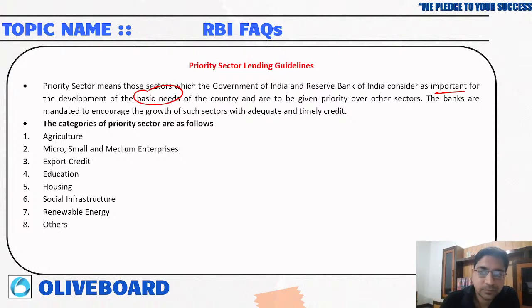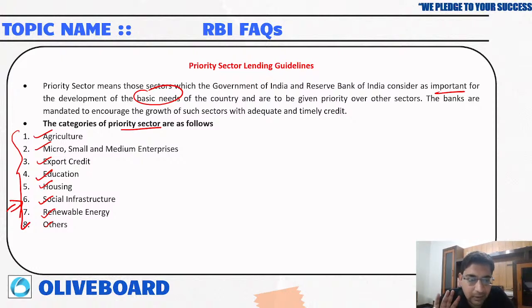The categories of priority sector are agriculture, MSME sector, export credit, education, housing, social infrastructure, renewable energy, and others. If any bank is giving loans to these sectors, the bank has been given certain targets per year for priority sector lending.